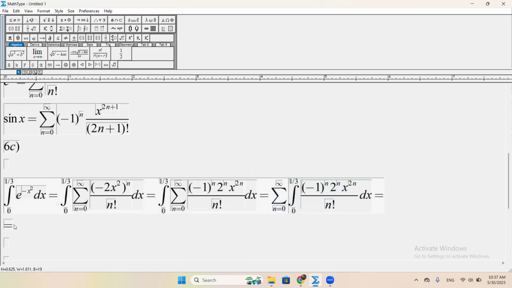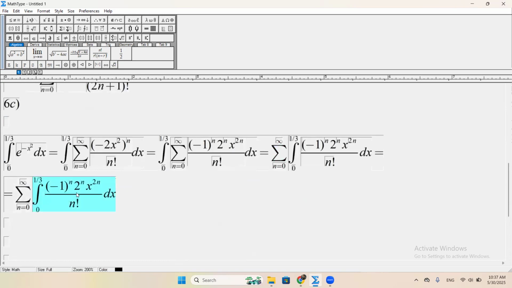So what we will have here, okay, let's write down the antiderivative: (-1)^n, 2^n, x^(2n+1) over n factorial by (2n+1), sorry.